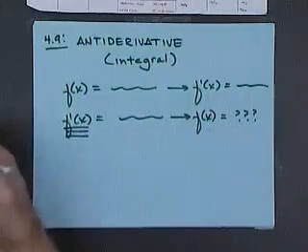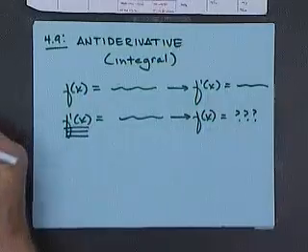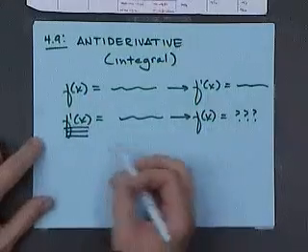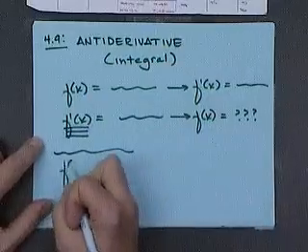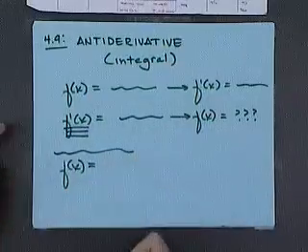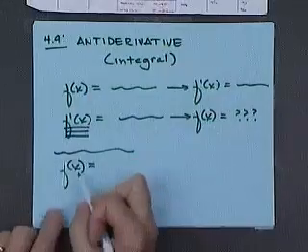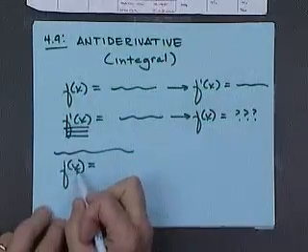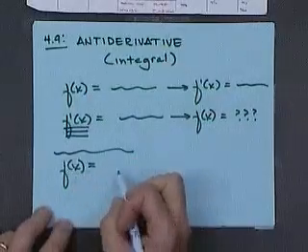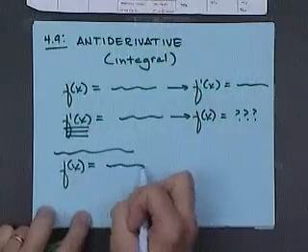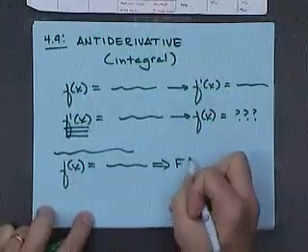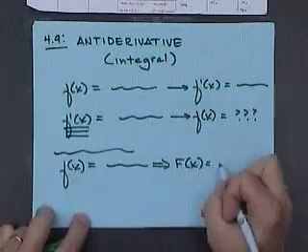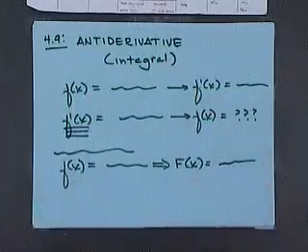Now, it won't always look like a derivative. It'll just look like a function. So for notation's sake, the authors in this textbook have called it this. We might as well get used to their notation. If we're anti-differentiating f of x, then they call the antiderivative some capital F of x.